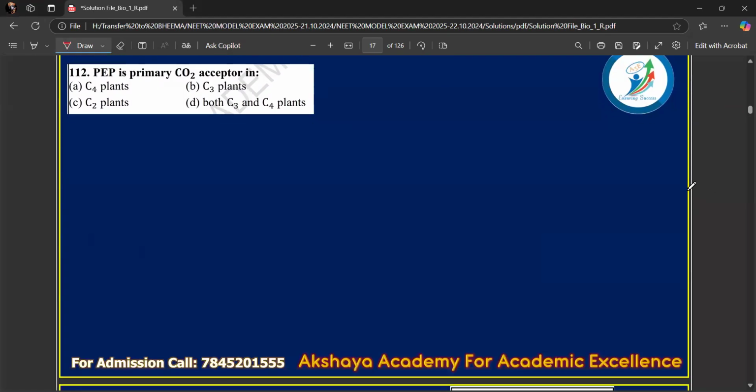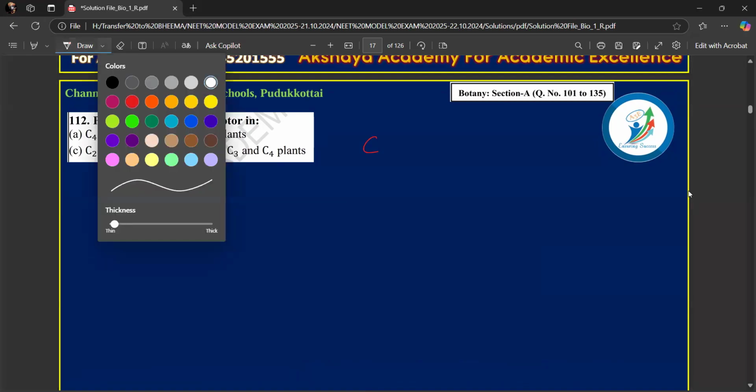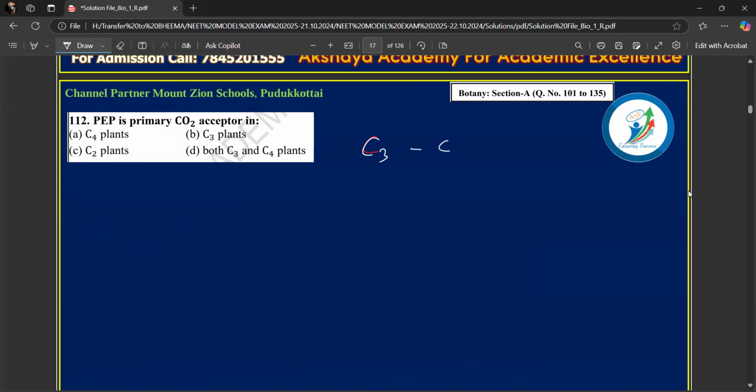is PEP is primary carbon dioxide acceptor in. We just saw that PEP is the carbon acceptor, in which plant does it occur? We have C3 plants, because they have the C3 cycle or Calvin cycle.